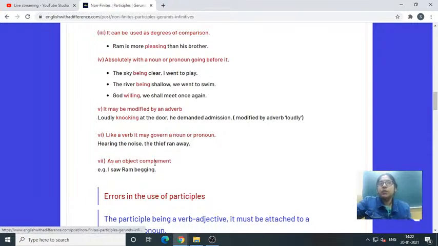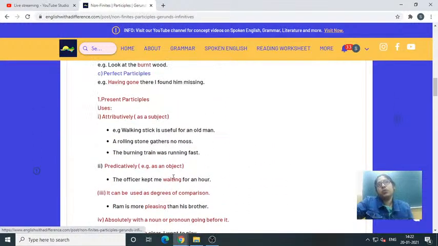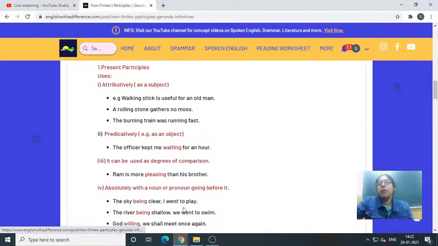So what is an object complement? I saw Ram begging. It is an object complement. So these are some rules of using the present participle. My dear children, please visit that site and try to remember it forever. Never try to forget that one.